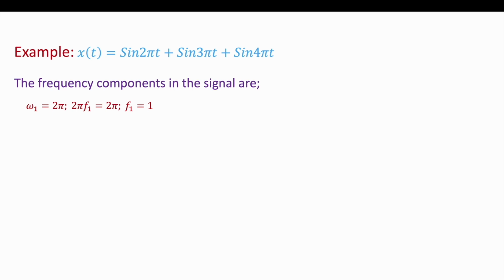So omega 1 is equal to 2 pi, and we know the general formula of omega is 2 pi f.